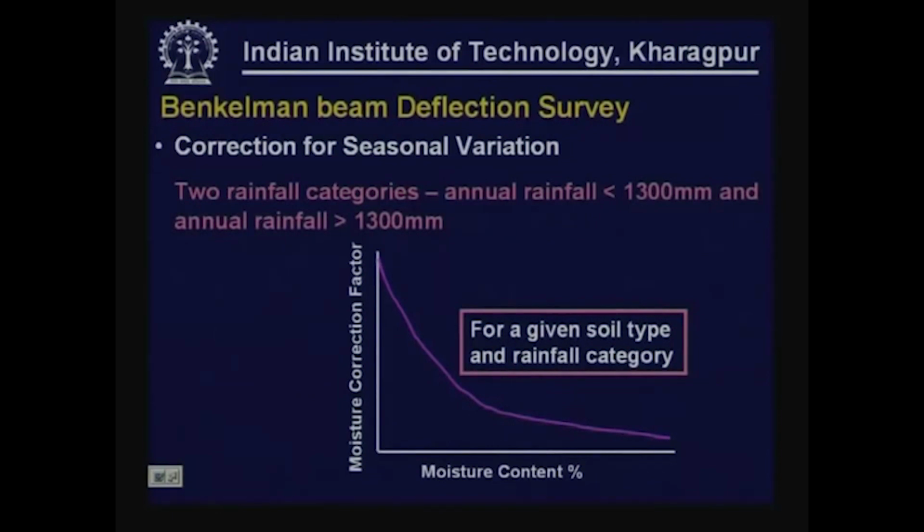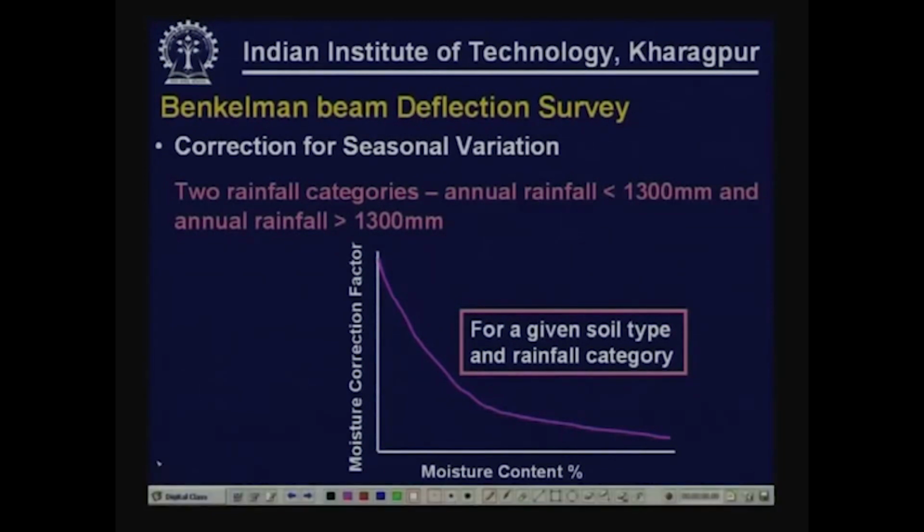The correction for seasonal variation can be obtained from the charts that are given in the guidelines, for a given moisture content, this is the field moisture content that is measured on the basis of the soil sample that is collected, and for a given soil type and for a given rainfall category.